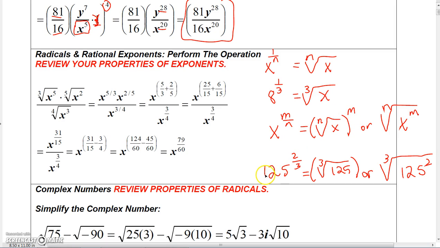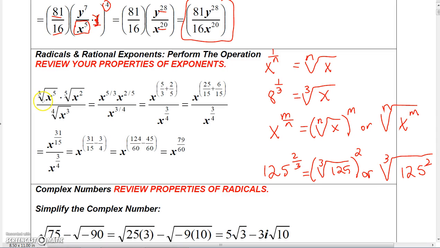So for example, if you had 125 raised to the 2/3 power, you could think of that as the cube root of 125 squared, or you could square 125 and then take the cube root. Obviously, it would be easier to take the cube root of 125 because the cube root of 125 is 5, and then 5 squared would be 25, whereas here you'd have to take the cube root of a pretty large number to get the cube root of 125 squared.